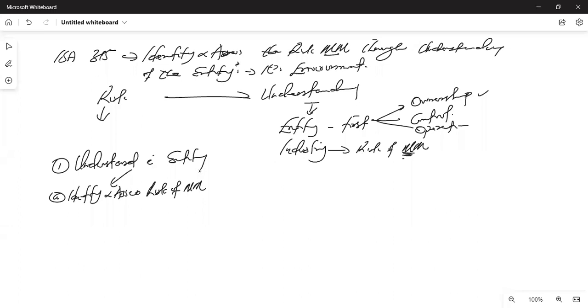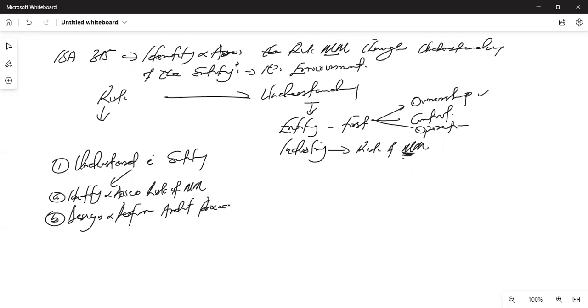Okay, not only that, it is also going to enable us to design and perform our audit, because your knowledge leads you to your planning. Design and perform the audit procedures.